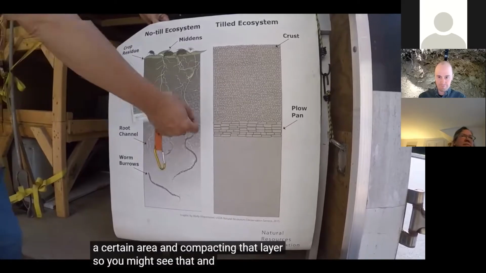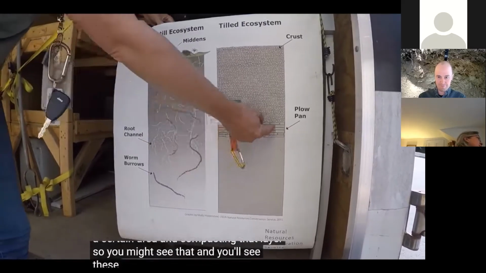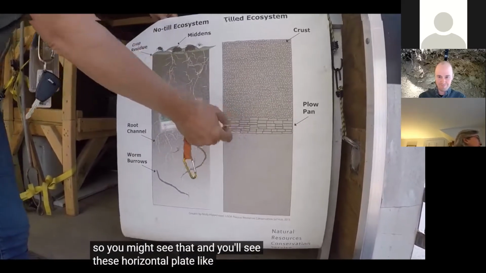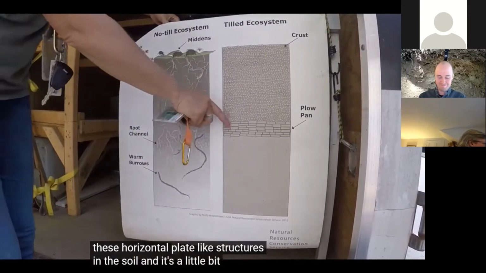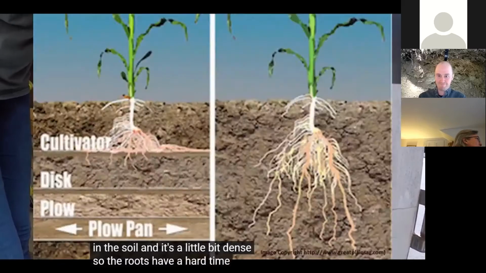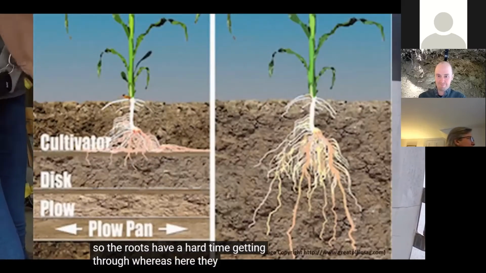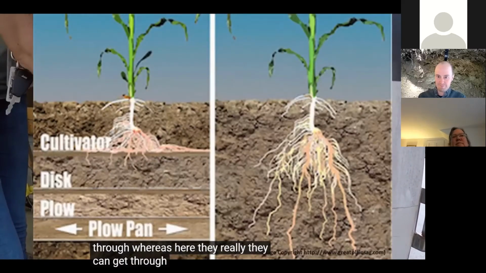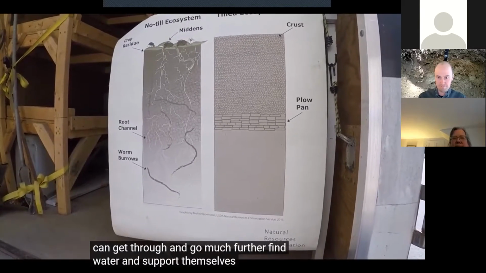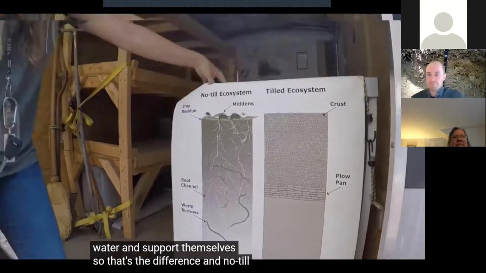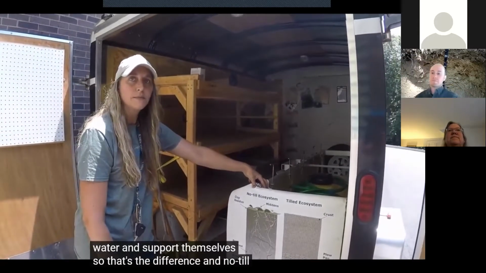So you might see that, and you'll see these horizontal plate-like structures in the soil, and it's a little bit dense, so the roots have a hard time getting through. Whereas here, they can get through and go much further, find water and support themselves. So that's the difference in no-till and tilled soil systems.